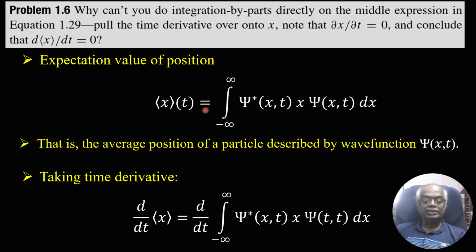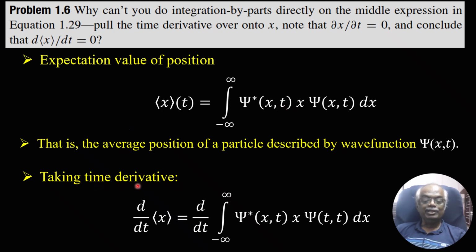But here you can see by definition, the integral from minus infinity to plus infinity of psi star, which is a function of x and t, times x, times psi of x and t, dx. That is, the average position of the particle is described by the wave function which depends on time. That is a very crucial point. So this is very important.